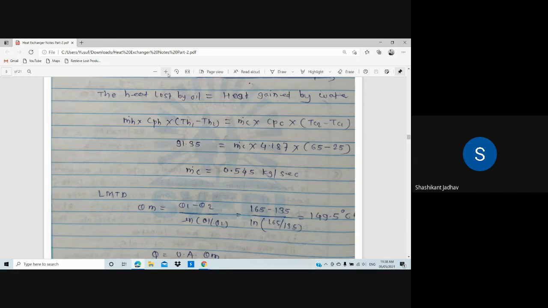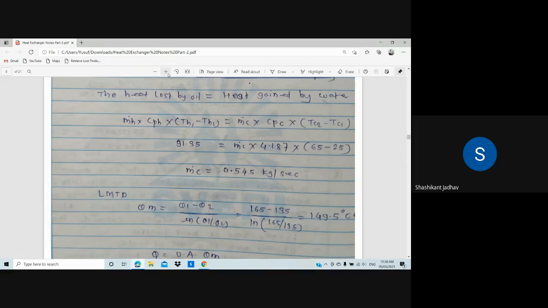So first you find out theta 1 and theta 2. What is the value of theta 1? Can anyone tell me? Anyone unmute yourself and tell me the answer. Which temperature difference is theta 1?